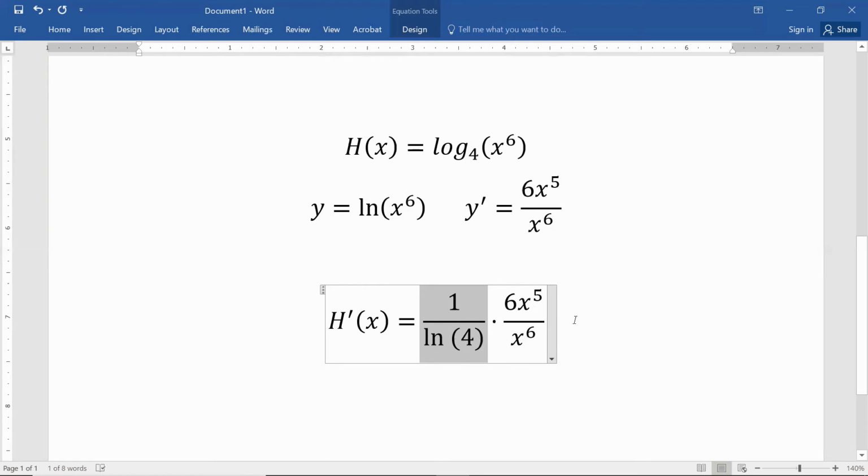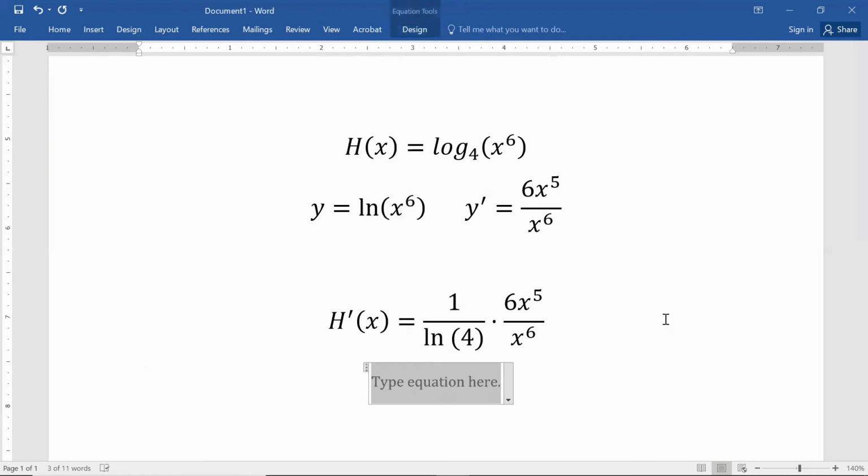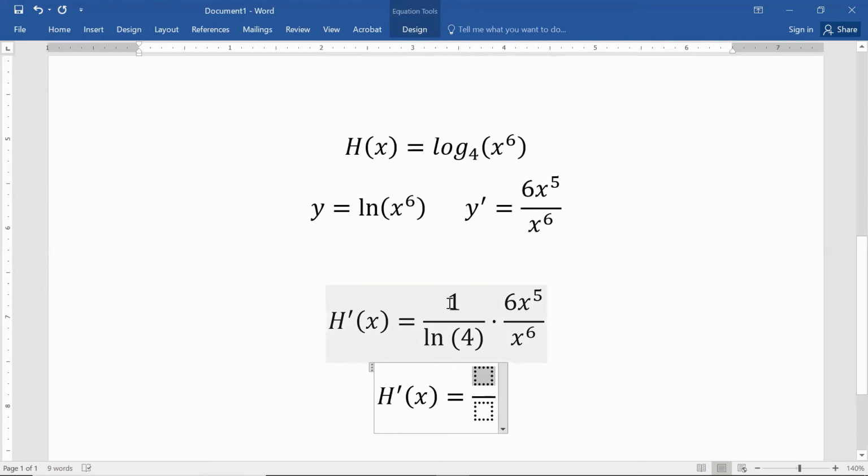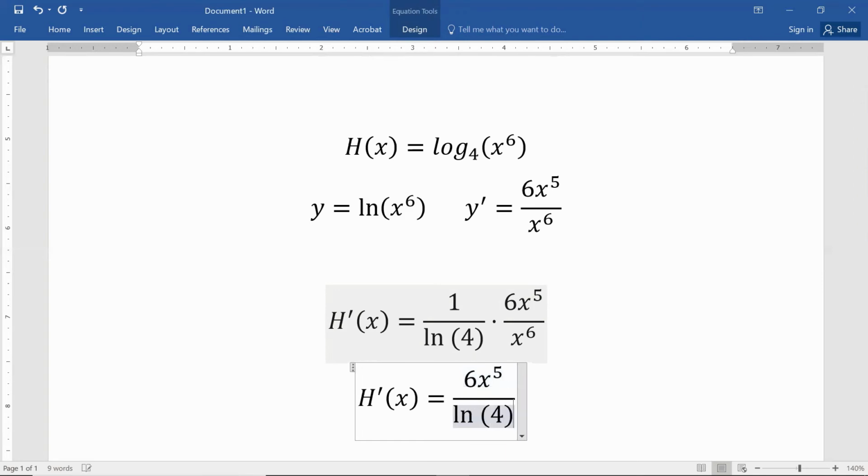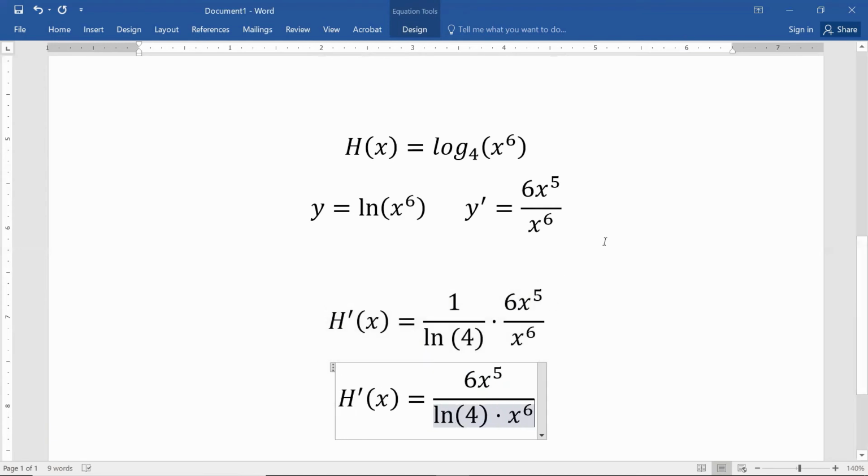Some people will multiply these out and combine them. Either way is fine with me. If you want to keep your answer like this, go ahead. If you want to be really fancy, you can multiply as much as you want and combine as much as you want till you can get one fraction. So the top would be 6x to the 5th. The bottom would be natural log of 4 multiplied times x to the 6th.